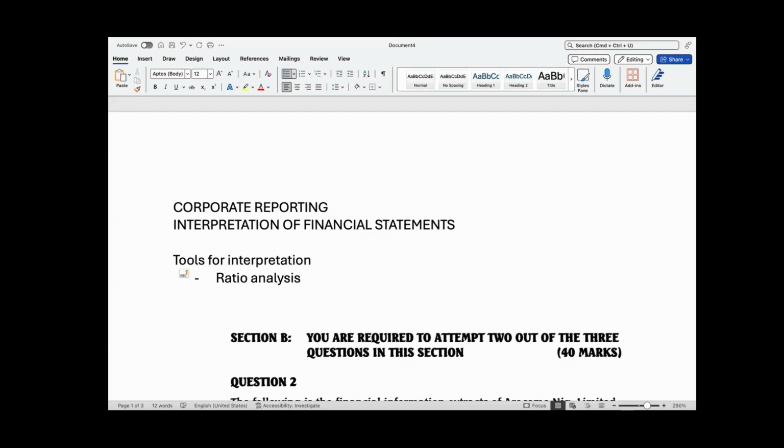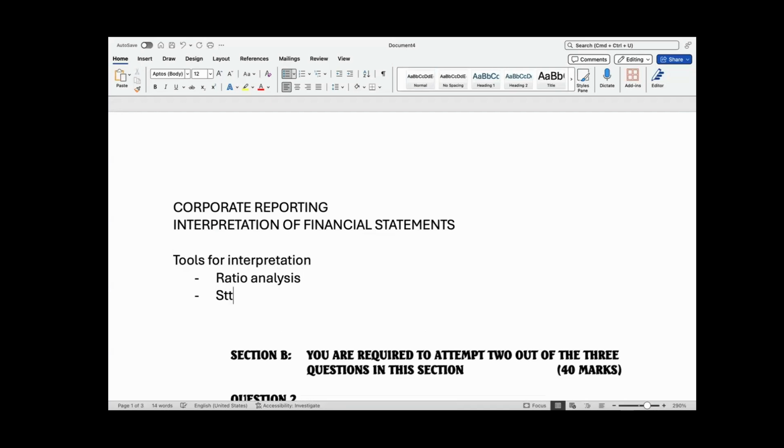Ratios is a tool that is used for interpreting financial statements. Another powerful tool is a statement of cash flows, which is another tool that is popularly used to analyze financial statements. So we'll try to see if you can have a good idea of how to use this tool.